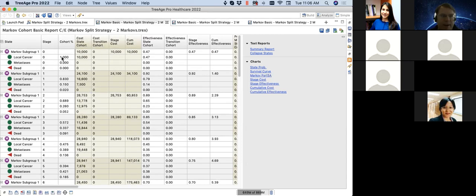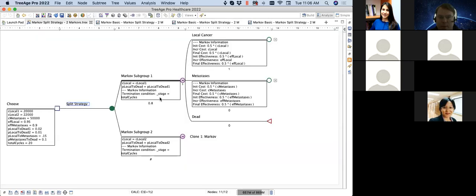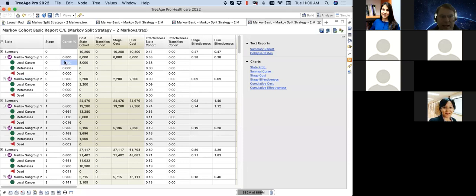Subgroup 1 here, that's everyone in the local cancer state. But when you look at it as part of the overall strategy, it's essentially only 80% of the overall strategy. So you end up with 0.8 in the local cancer state, reflecting the people in that subgroup, and 0.2 of the overall cohort in the second Markov process within the strategy.